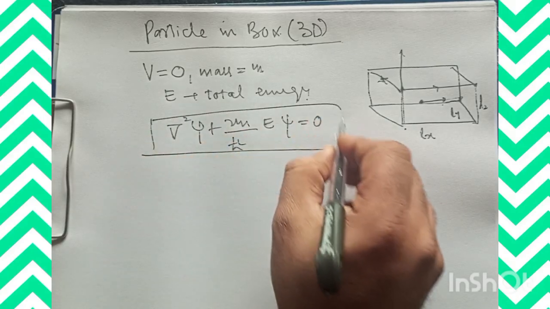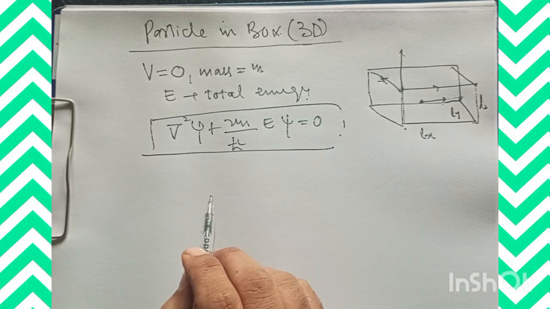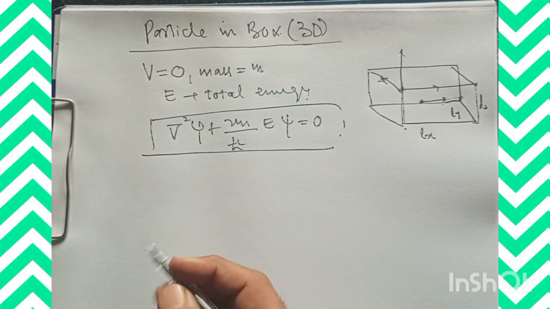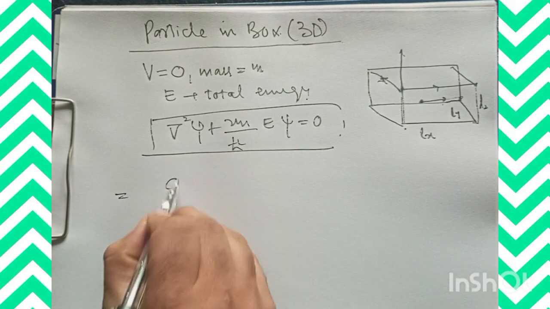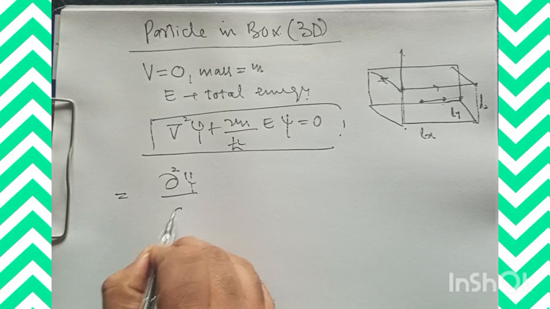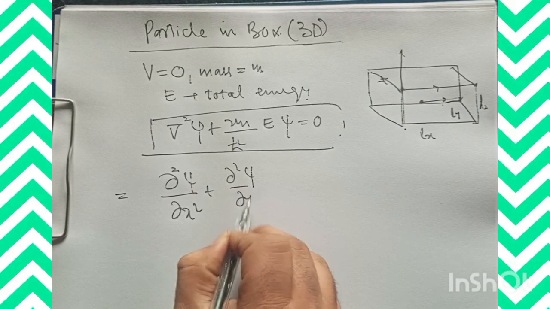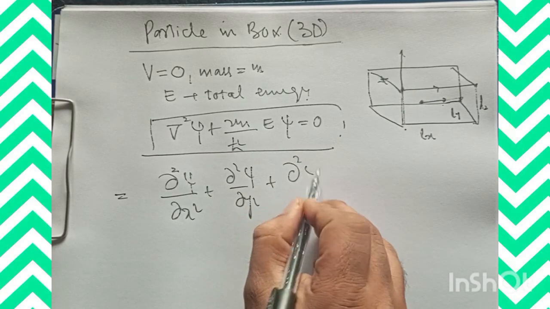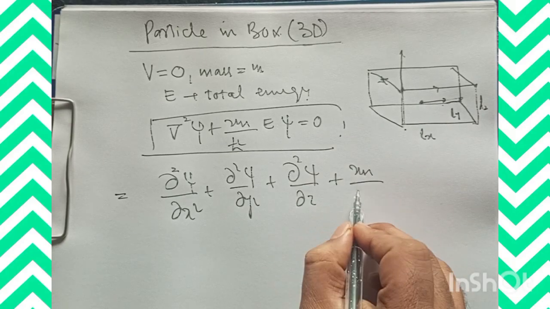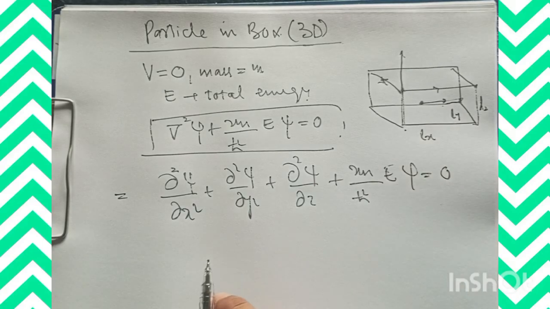Because V is 0 inside the box, the potential energy term is not included in the equation. And in a similar fashion, we can write down this differential equation as dou 2 psi by dou x2 plus dou 2 psi by dou y2 plus dou 2 psi by dou z2 plus 2m by h cross square E psi is equal to 0.